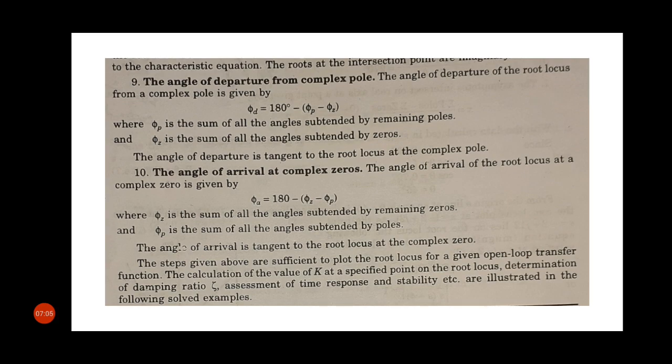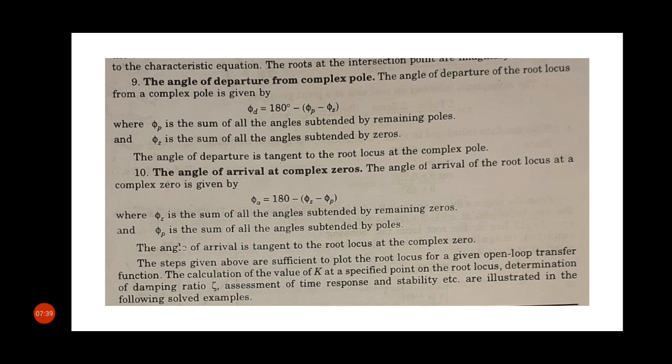The angle of arrival of the root locus at a complex zero is given by phi a, and this phi a is equal to 180 degrees minus phi z minus phi p, where phi z is the sum of all the angles subtended by the remaining zeros and phi p is the sum of all the angles subtended by poles. The angle of arrival is tangent to the root locus at the complex zero.